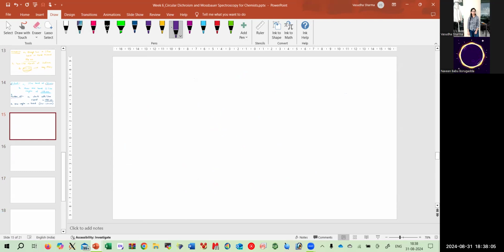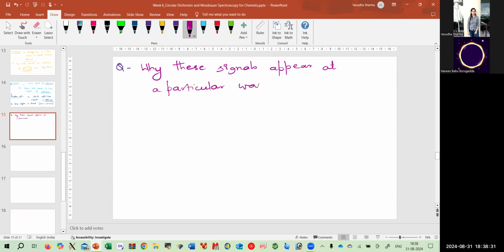So the next question that we have here is why these signals appear at particular wavenumbers or wavelengths. So basically, to answer this, we need to understand how the protein structure looks.